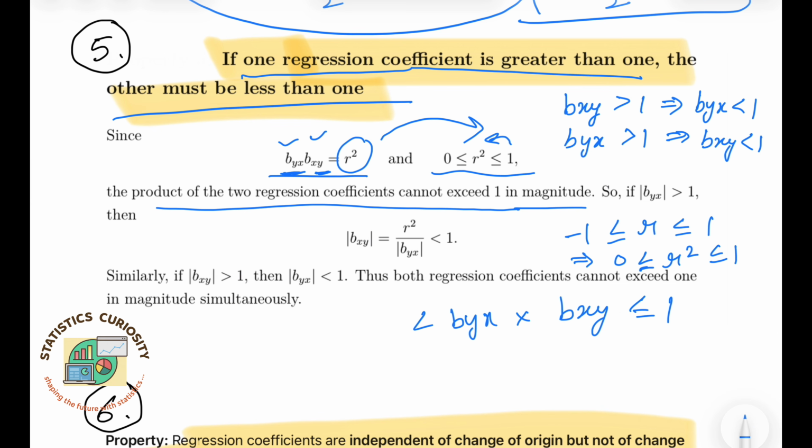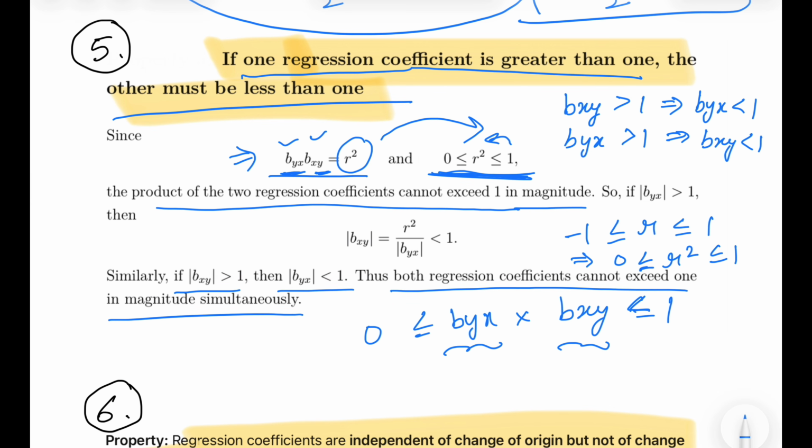This value should be lying between 0 to 1. Are you understanding? If one value is greater than 1, the other has to be less than 1 so that their product cannot exceed 1. So this was your property 5.